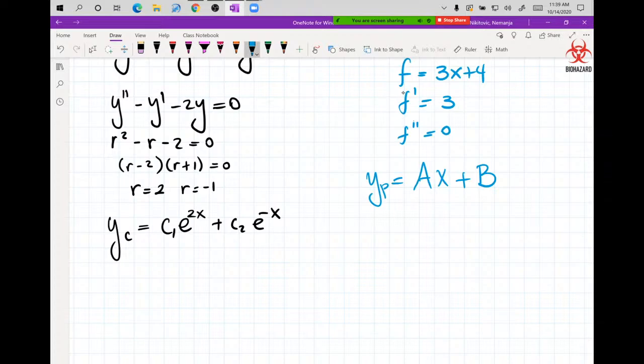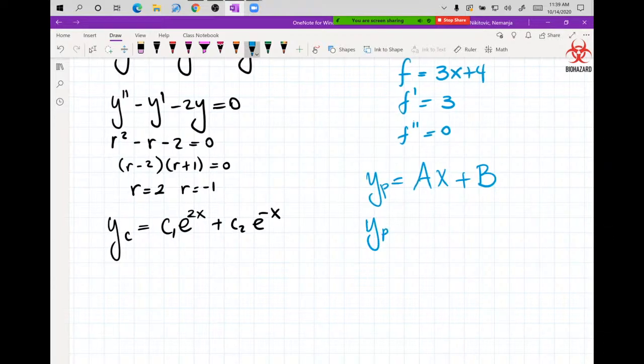Okay, so what are we going to do now for this problem? Let's go and take a look at the derivatives, right?